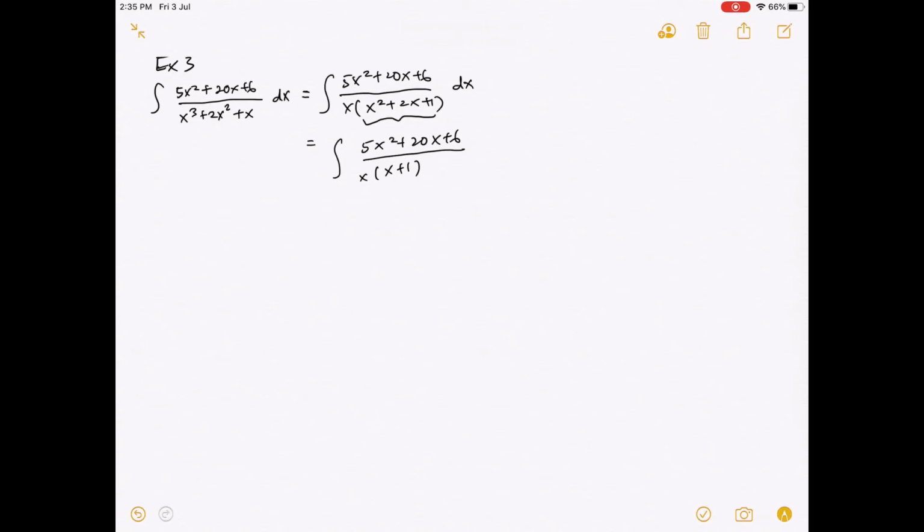And we will have x plus 1 to the power of 2. Okay, so the q(x) here, we have 2 factors, the first one is the linear factor, and then the other one is the repeated linear factor.